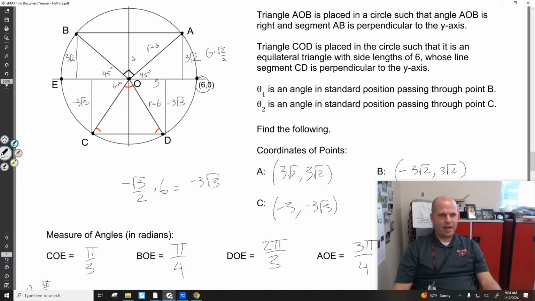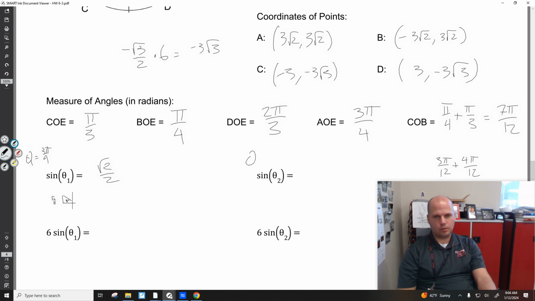Theta 2 is passing through point C, so that's 60 degrees more than pi. Theta 2 is 3 pi over 3 plus a pi over 3, which is 4 pi over 3. The sine of 4 pi over 3, again, you could use the triangles up there. You could use the bigger triangle with the radius of 6, or you can use the representative triangle with the radius of 1.